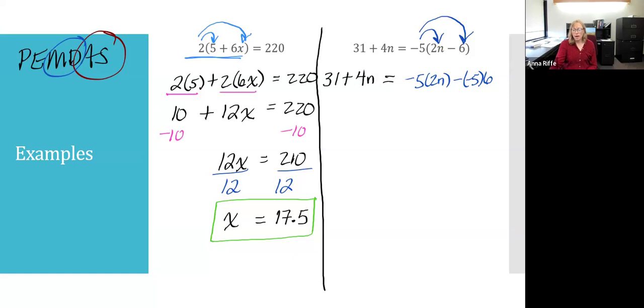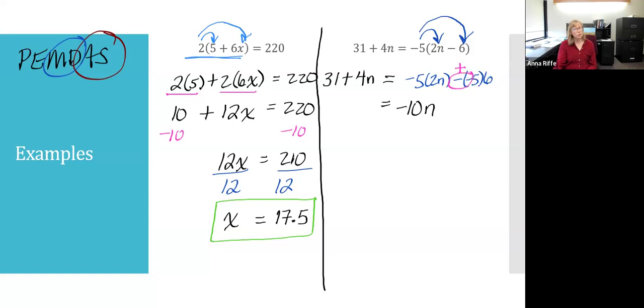I can now multiply the terms on the right. -5 times 2n, negative times a positive gives me a negative, -10n, in fact. Here it appears that I have a double negative. I can remember that a double negative becomes a positive.